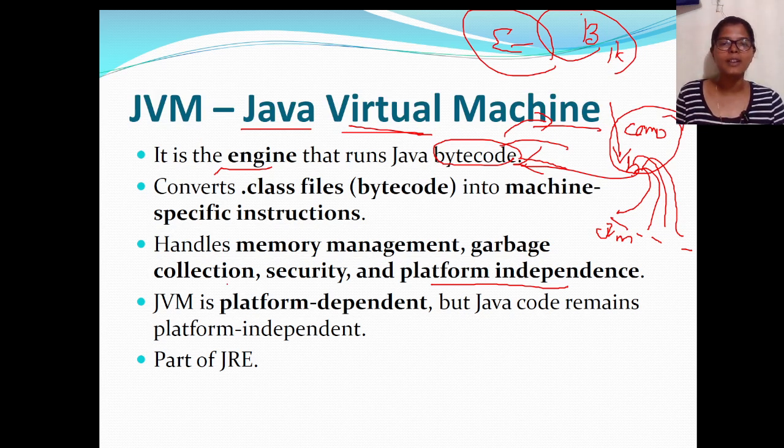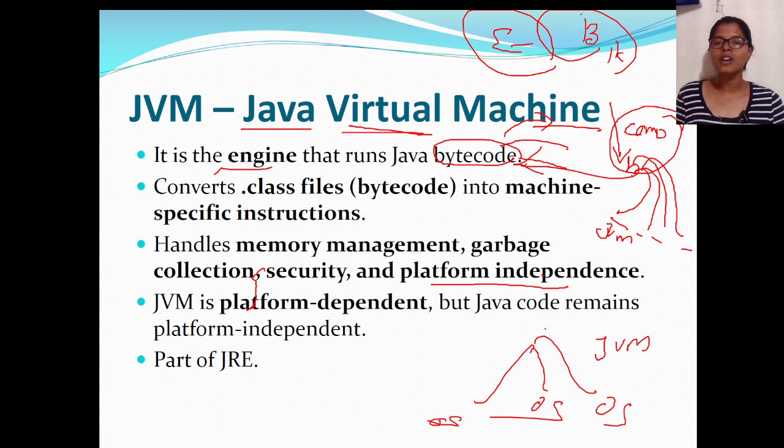Because of this JVM only, we are able to run our Java code on different operating systems. JVM allows us to run our bytecode, whatever you converted using the compiler.